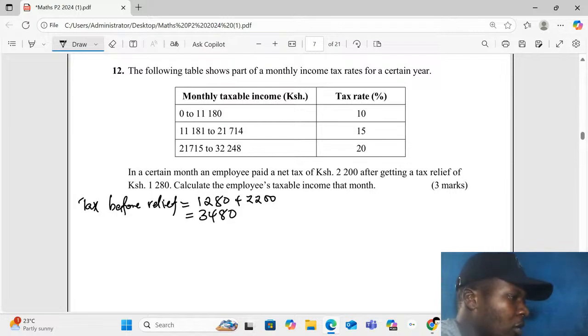Now, we can look at this one from running from 0 to 11,180. Now, we can start taxing from the first slab.